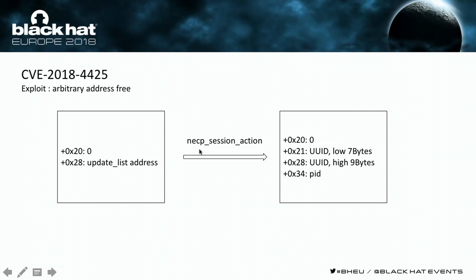Step 2, you call ACB session action based on this buffer. Then you get the buffer updated like this. Offset 20 is also 0, and 21 to 28, the 16 bytes, is set to the macOS file UUID, which is controllable by yourself.